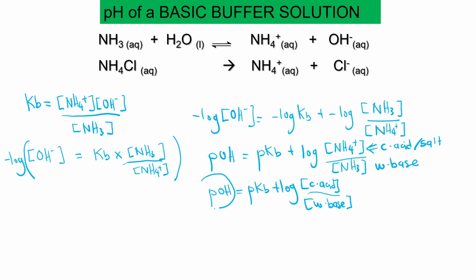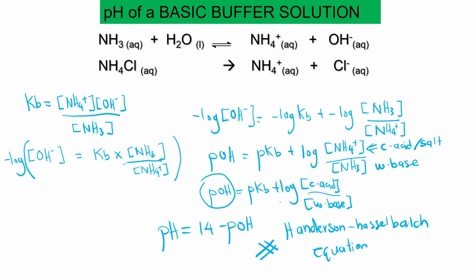So now we just got pOH. Jadi kalau untuk kira pH is equal to 14 minus pOH. Right, so kita boleh dapat pH. Henderson-Hasselbalch equation for basic buffer solution.